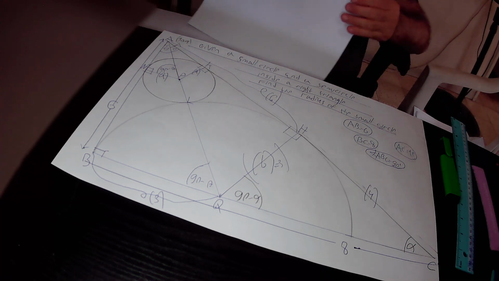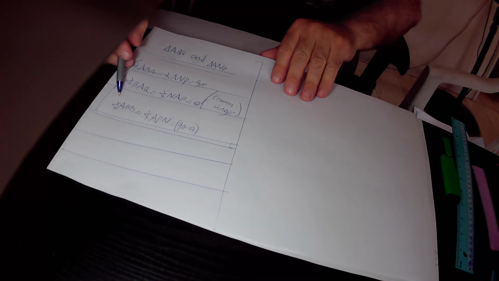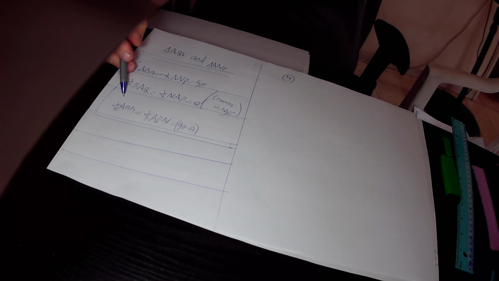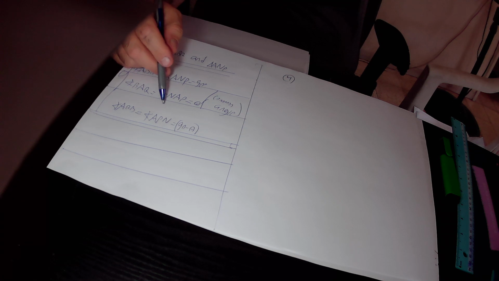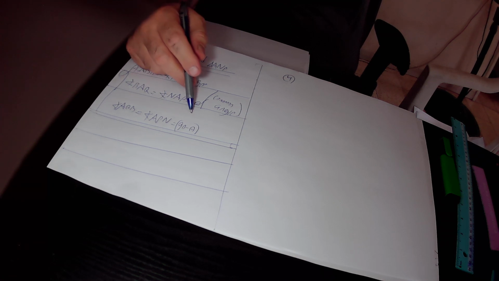And this again, we found out that angle AQB in the right big triangle ABQ equals angle APN in the right small triangle ANP. They are both equal to 90 degrees minus theta, therefore they are equal to each other.